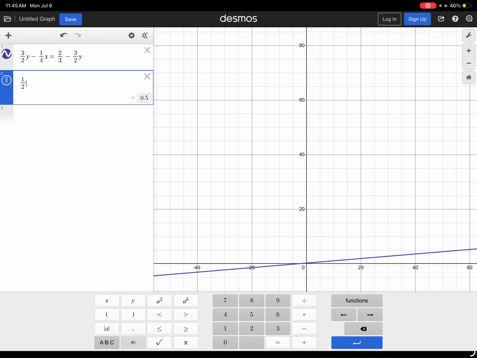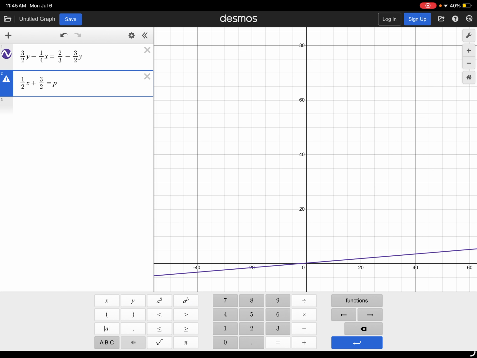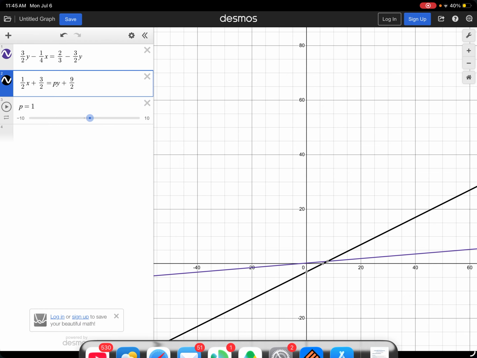Our second equation is 1/2 x plus 3/2 y equals p y plus 9/2. So we're just going to put a value of p here. It's going to ask you if you want to add a slider. We don't know what p is, so we do want to add a slider.